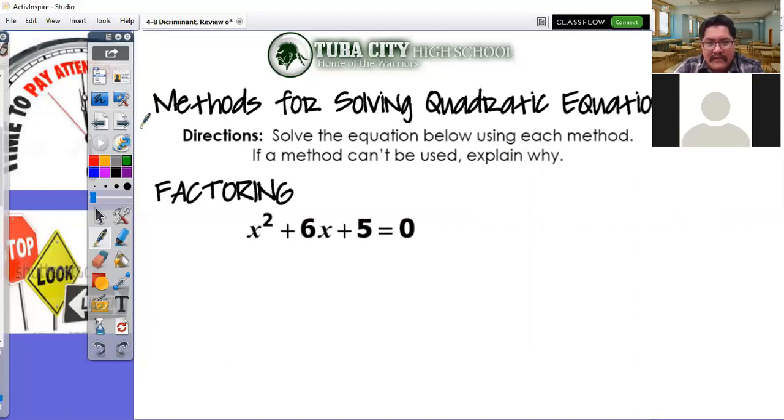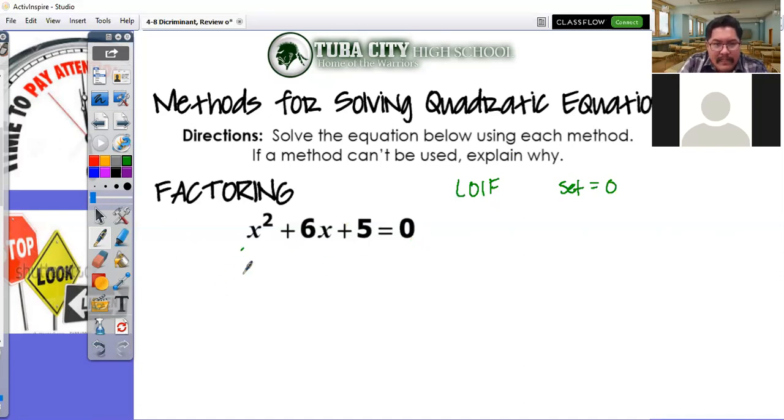So what do we do with factoring? Now I'm going to stick with my method, and that is the Loif method, which is basically FOIL going backwards. Now to do this one here, first thing we have to do is set it equal to 0. All right, so whatever we have, we got to have this equal to 0.